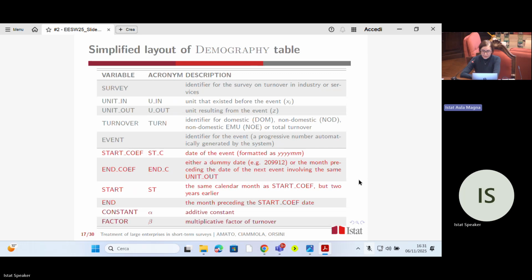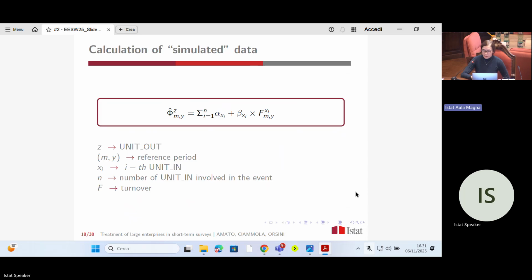The second kind of information is 2 pairs of dates, and the third kind of information is the quantitative coefficients that are used to calculate simulated data according to this formula.